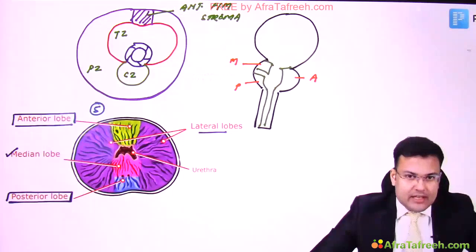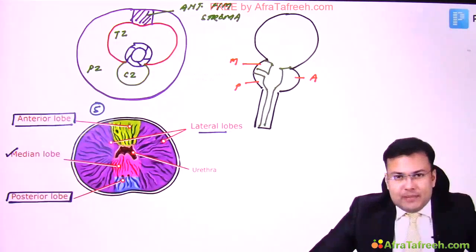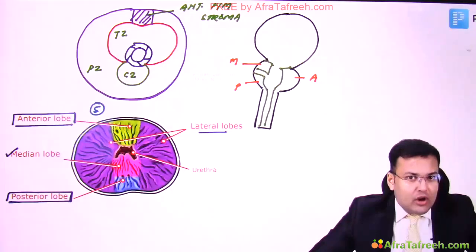Now the questions which are asked. First question, what is the most common site of BPH? The most common site of BPH is transition zone or median lobe. What is the most common site of carcinoma prostate? That is peripheral zone or posterior lobe.